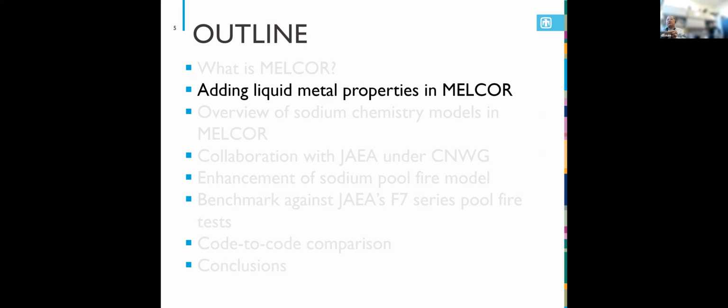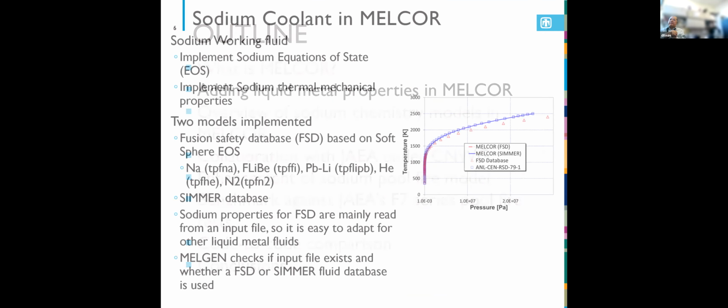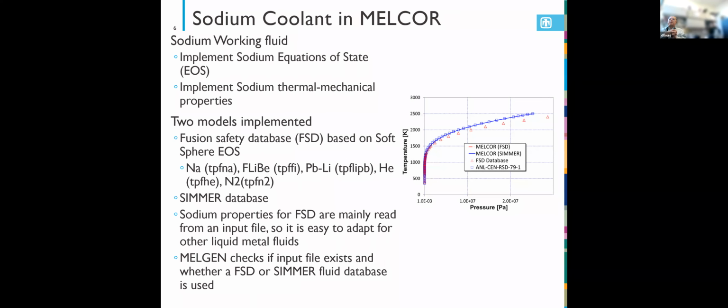So let's talk about adding liquid metal properties in MELCOR. For sodium cooling in MELCOR, we implemented the sodium equation of state into MELCOR, also including the sodium thermomechanical properties. Two models are implemented.